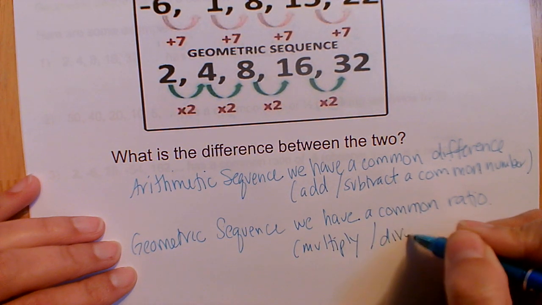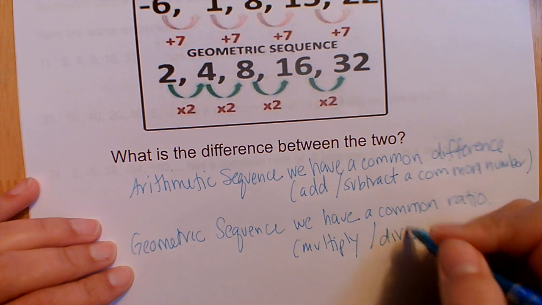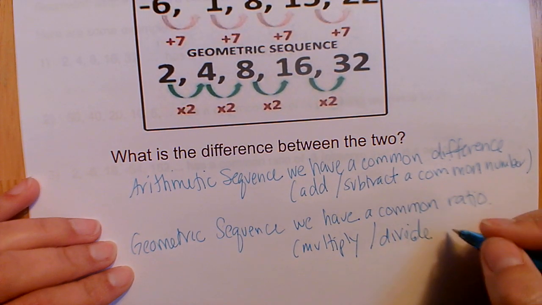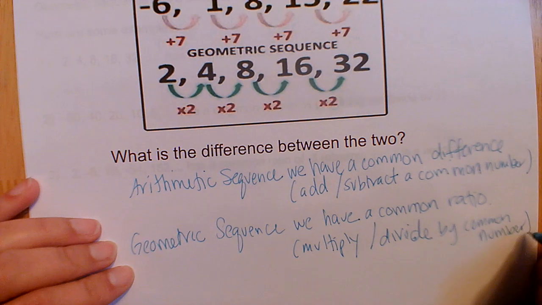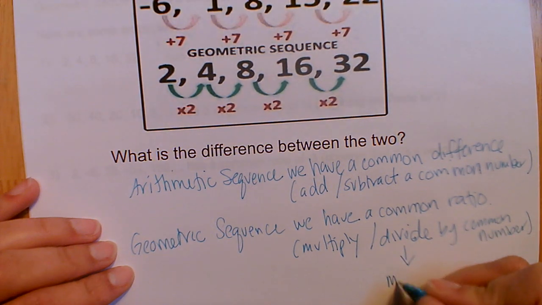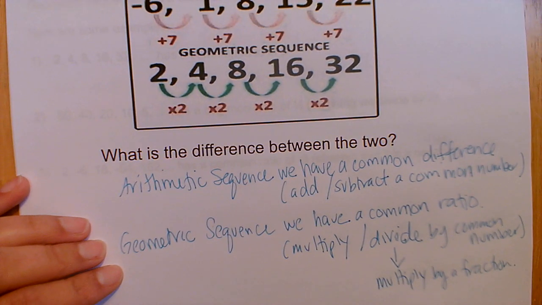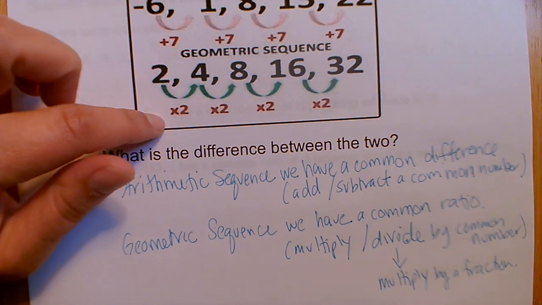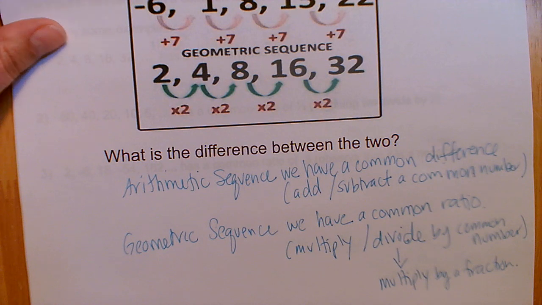We can say divide by a common number. However, this divide, I want to say multiply by a fraction, and I'm going to show you that in a minute. Okay? Add or subtract, multiply by a whole number, or multiply by a fraction.